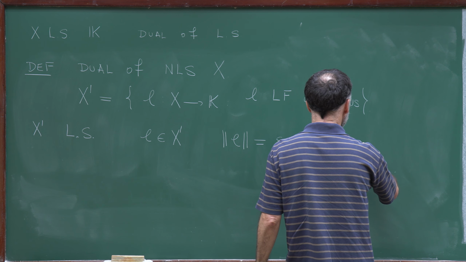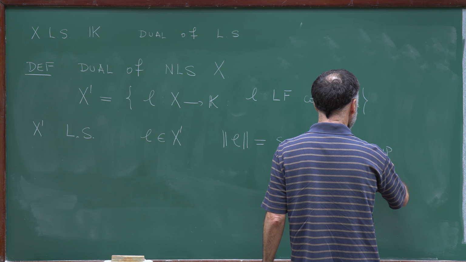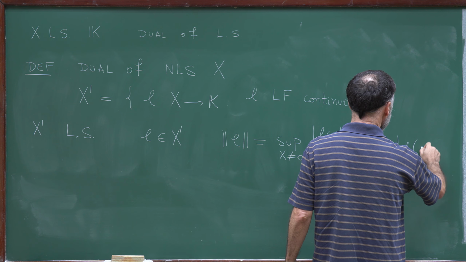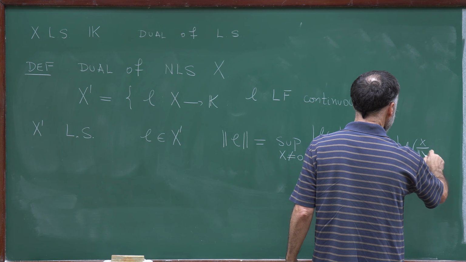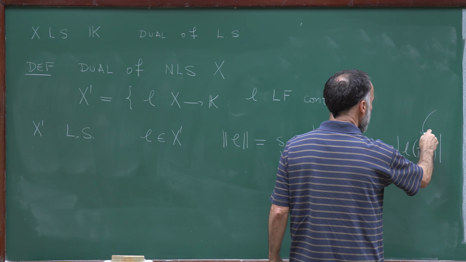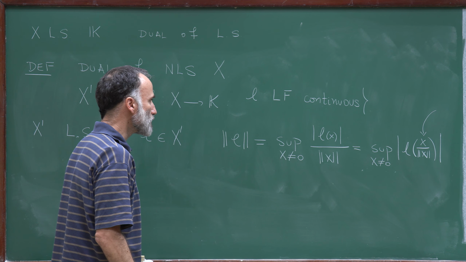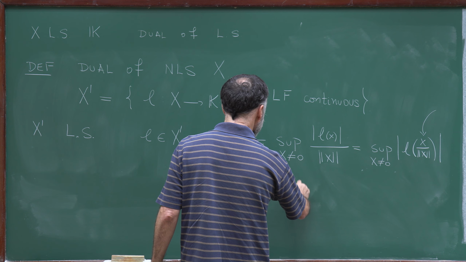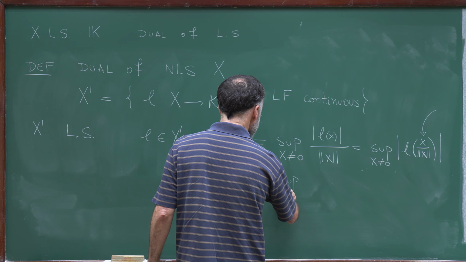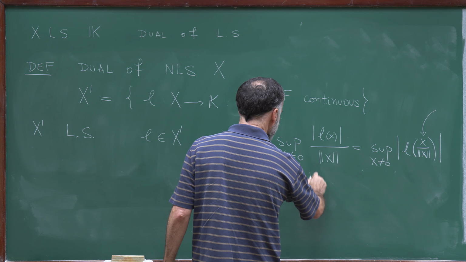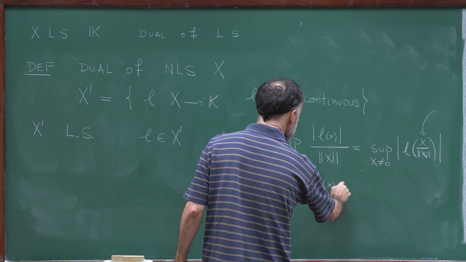So this is equal also to the supremum for x different from 0 of L of x divided by the norm of x. And you see that here I have an element whose norm is equal to 1. So this is also equal to the supremum over all x such that the norm of x is equal to 1 of the absolute value of L of x.